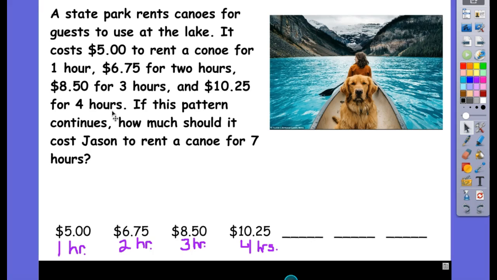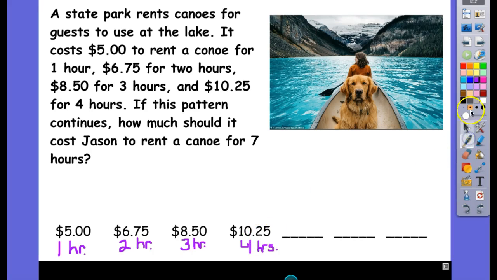So what am I trying to find? What's the question asking me? The question is saying if this pattern, okay, we have a pattern going on here, continues, how much should it cost Jason to rent a canoe for 7 hours? So we know how much it costs for 1, 2, 3, and 4 hours, but we want to know how much it costs for 7 hours.